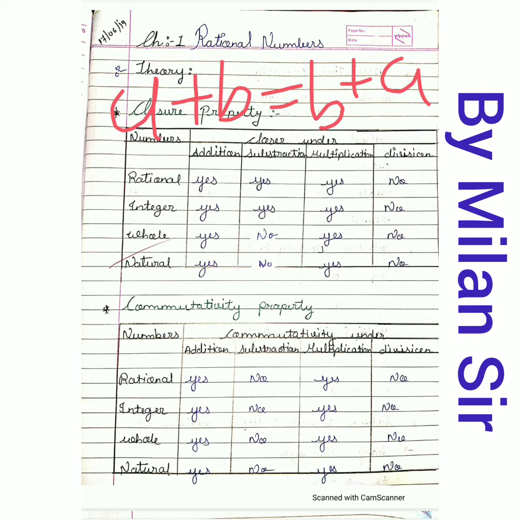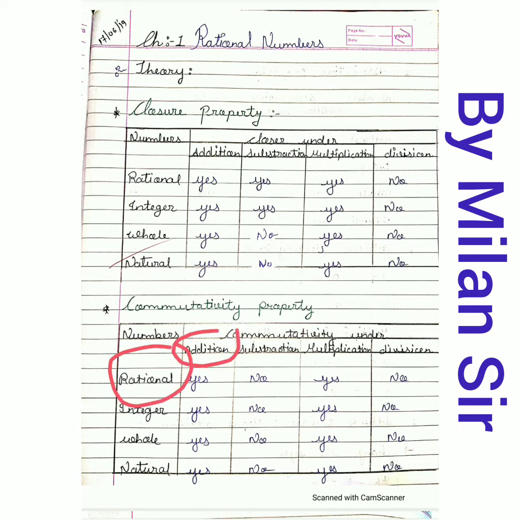Here, first of all, we have rational numbers for the addition. If we add two rational numbers, 2 by 3 plus 5 by 7, we get the same answer if we change the order, that means 5 by 7 plus 2 by 3.